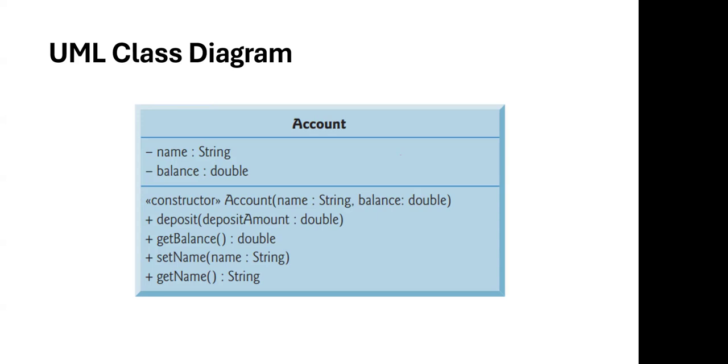Here we have a class named Account. That means this is the class name. And in the second compartment, we write something about the account's attributes, right? We say the attributes are the instance variables.